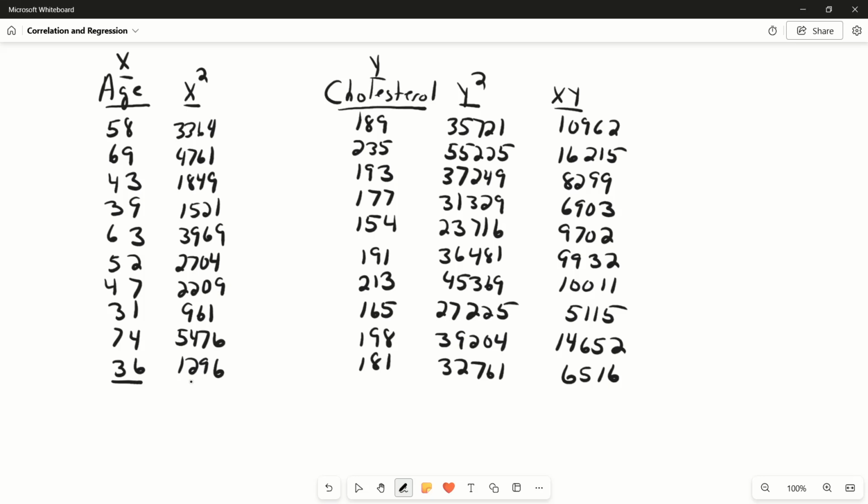And then you're going to sum up all the columns here.